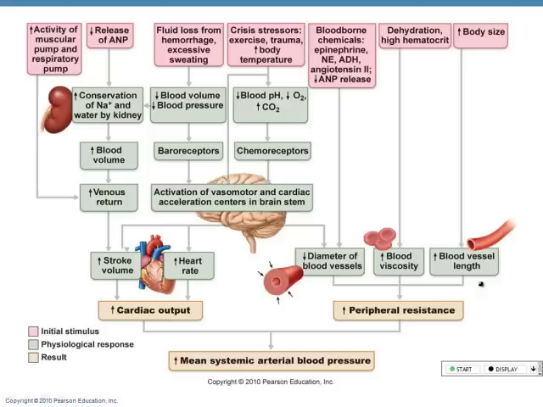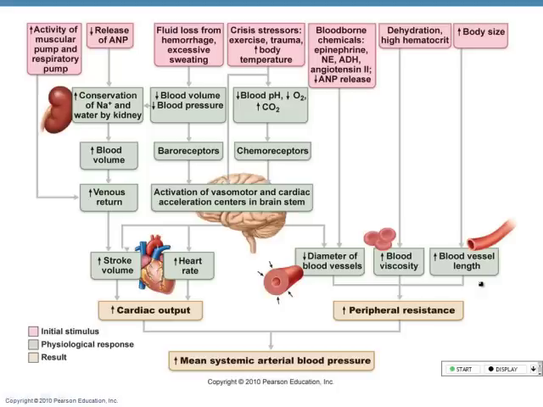And these are some of the reasons why pressure might be going down in the system. Things like dehydration, a high hematocrit, not enough what in the system? Fluid, right? Because remember, what is your blood volume mostly? 55% is plasma. Most of plasma is water.